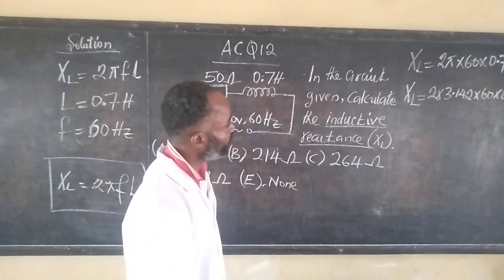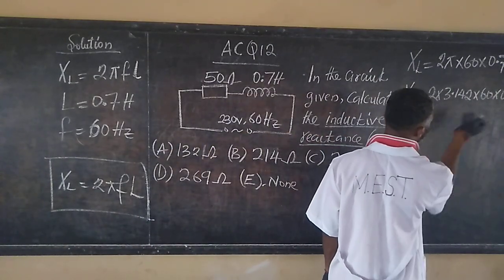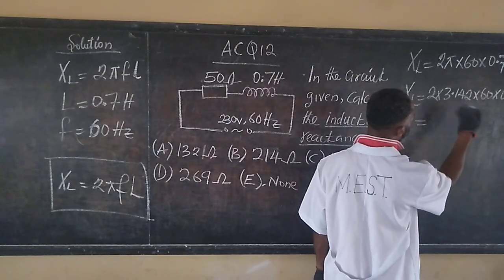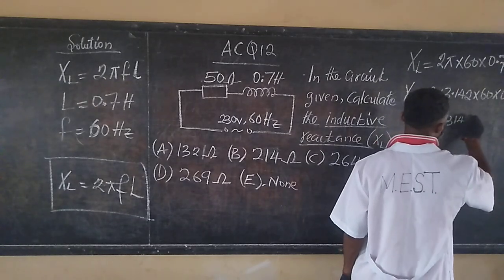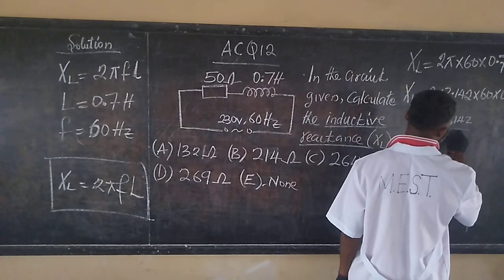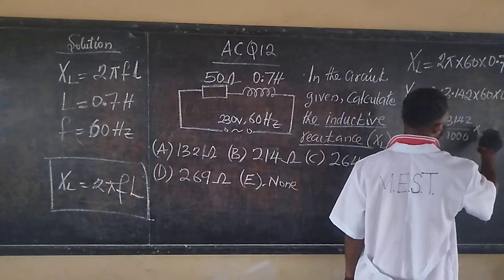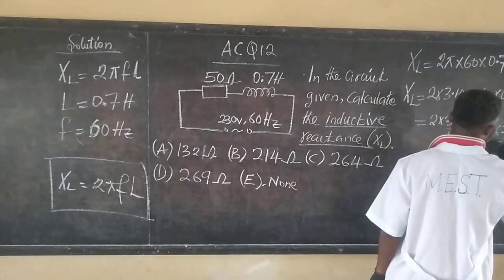So if we do that, it's very simple. We can do this in a simple way: 2 times 3.142 over 1,000... yes, that should be 3,142 over 1,000, times 60 times 7 over 10.